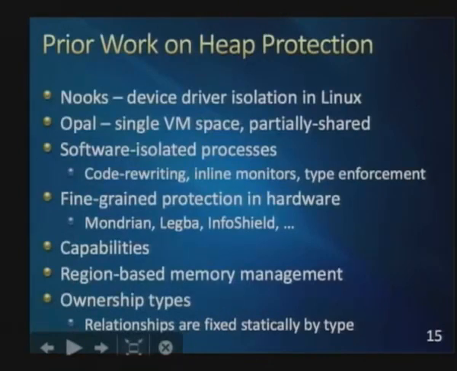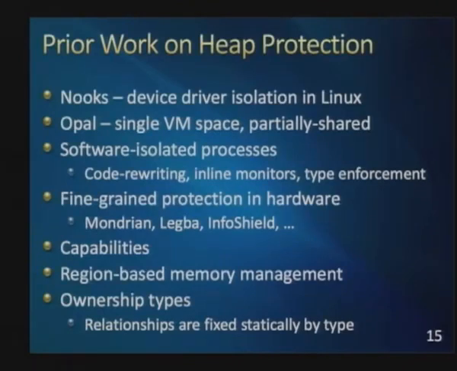So there's some prior work on heap protection. Nooks is sort of a special purpose system for protecting device drivers inside the operating system, and it provides a sort of fixed structure for protection domains for device drivers and the different parts of the operating system. And we're after a more general purpose mechanism. You've got Opal, which has just a single shared virtual address space across the entire operating system. So each process doesn't have its own, and it's partially shared.